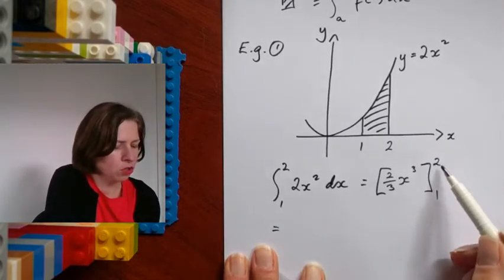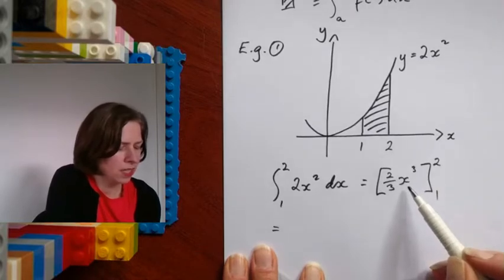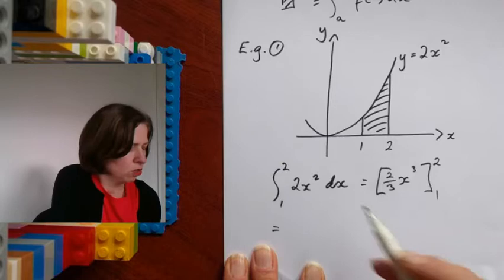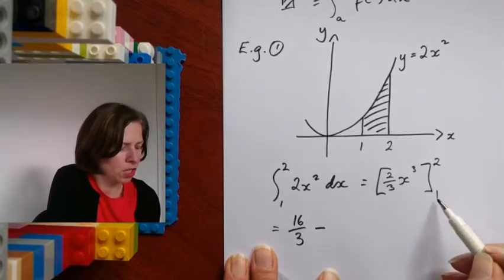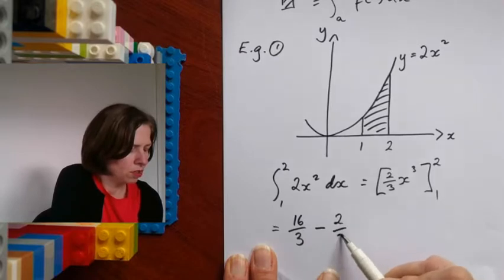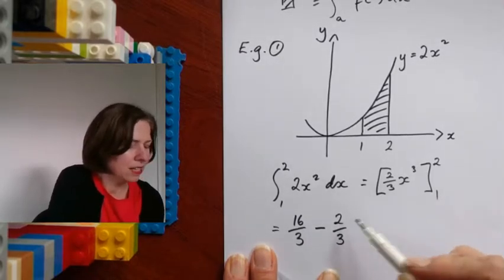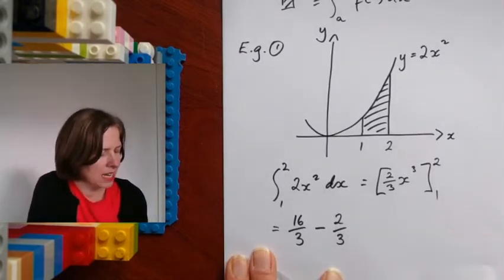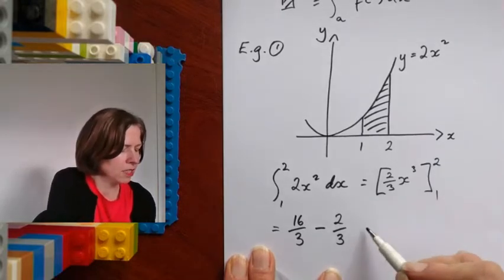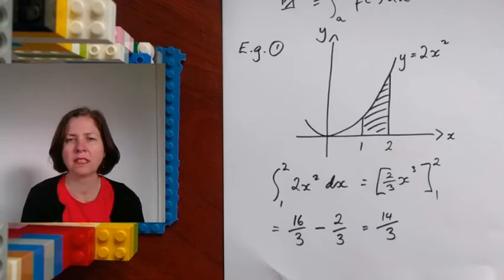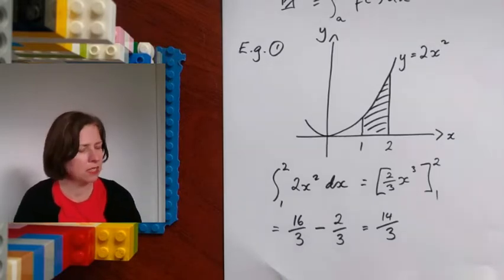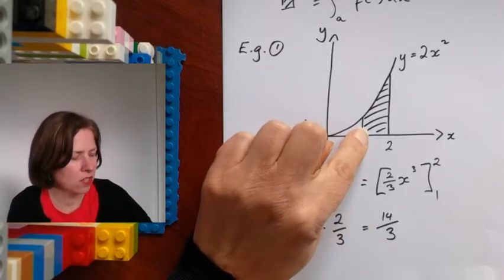I substitute 2 into x cubed. So that's going to give me 2 cubed, which is 8, times 2, that's 16 over 3, minus, I substitute in 1, and that's 2/3. So 16/3 minus 2/3 gives me 14/3, and that's my final answer. So 14/3 is the area under this curve.